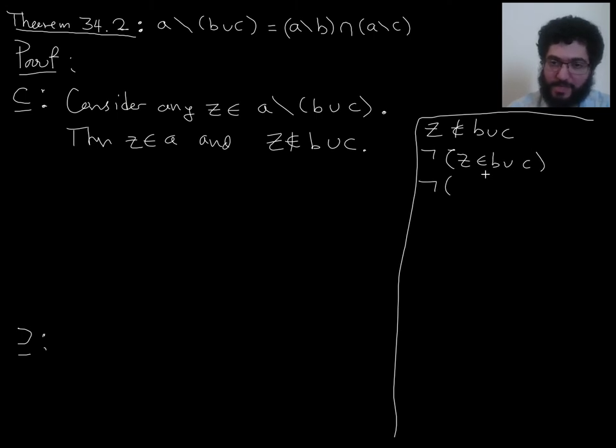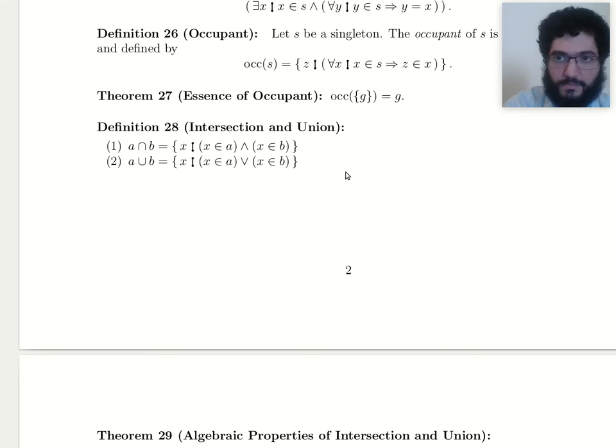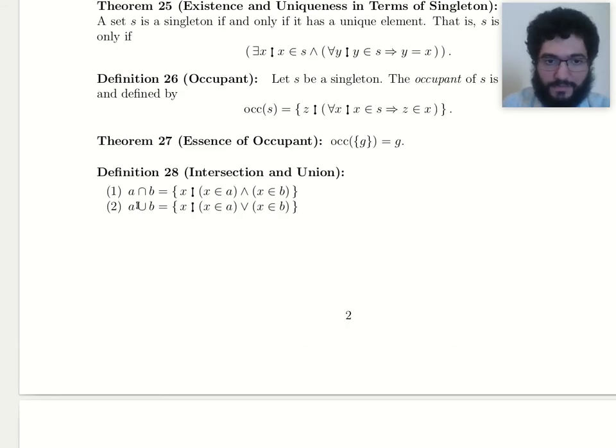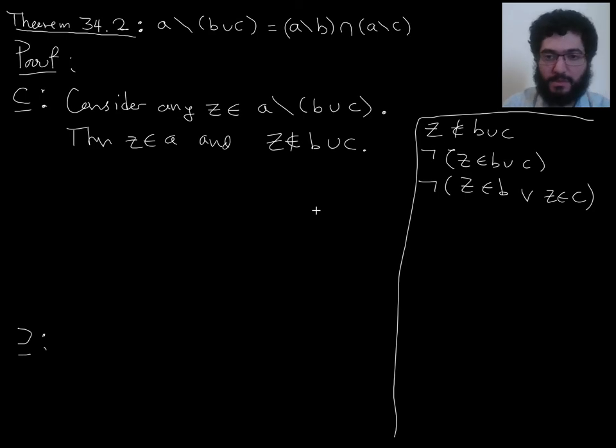And I can break down z in B union C. That says z in B or z in C, using the definition of union. So what I've got is it's not the case that z is in B or z is in C.